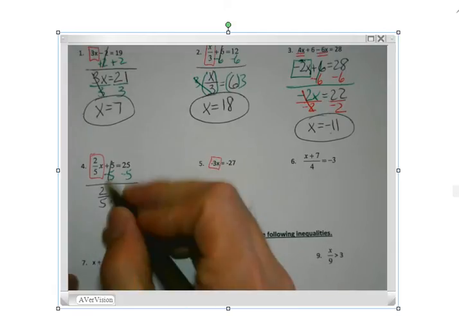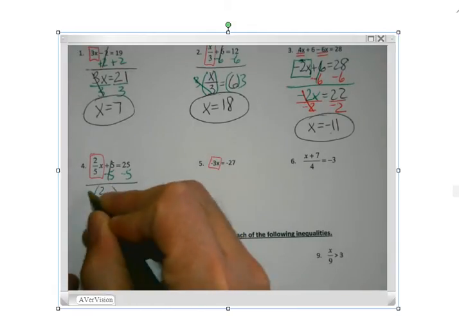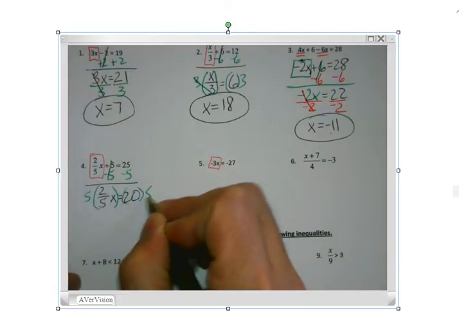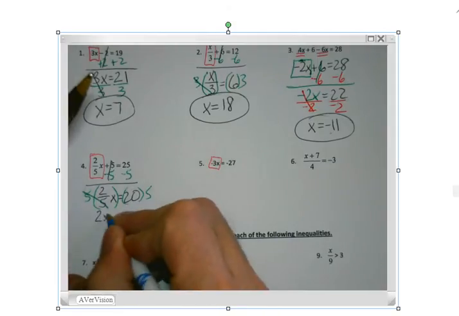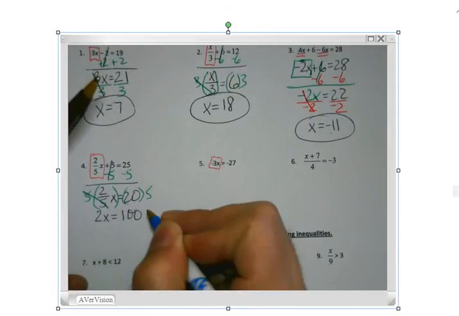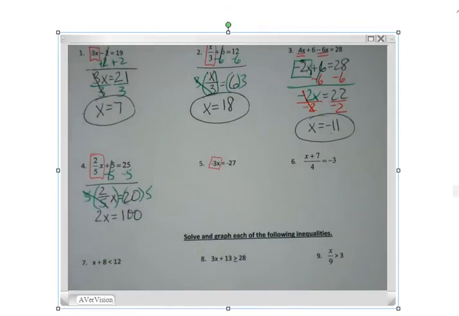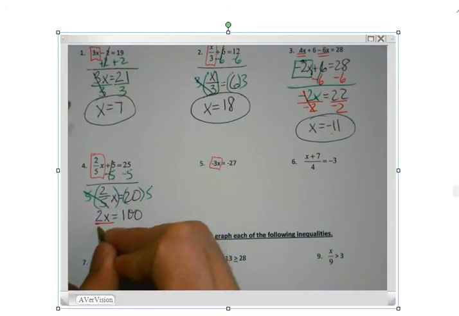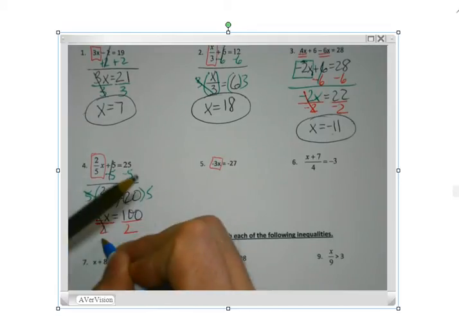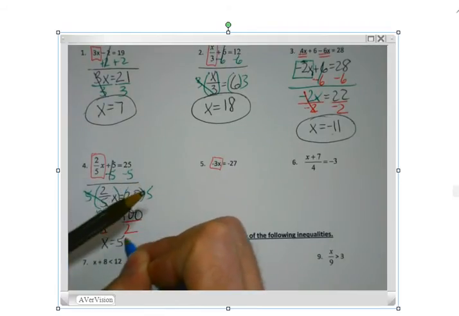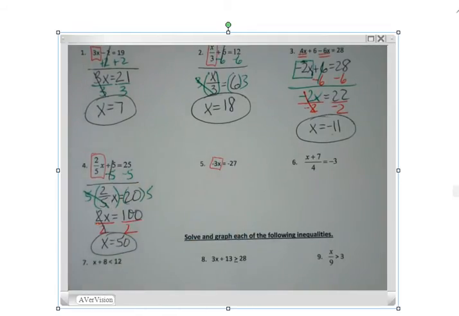Okay, if I want to just take care of the whole idea of a fraction there, I can multiply by 5 here. But that still leaves me with that 2 up in the numerator. And then just divide by 2. Everything is just a step-by-step process, work my way through towards getting that x by its lonesome by the end.